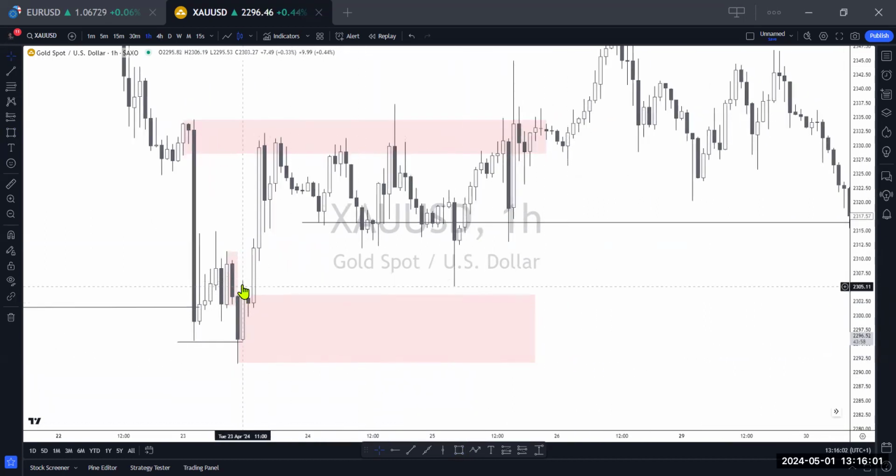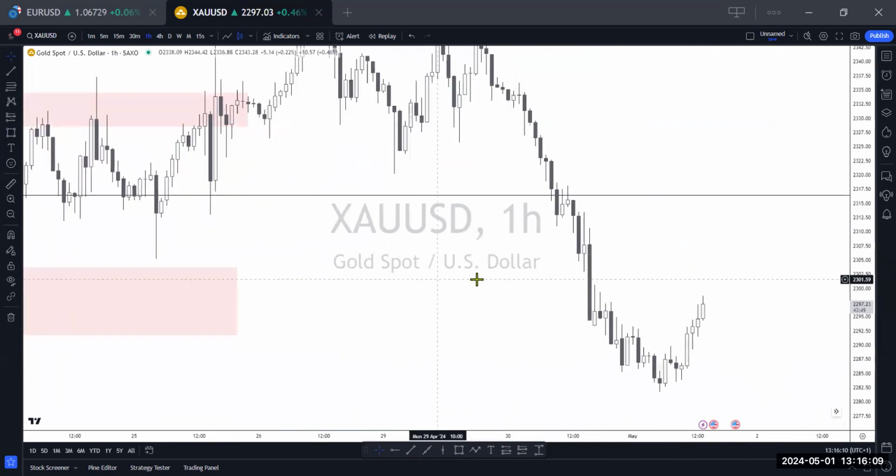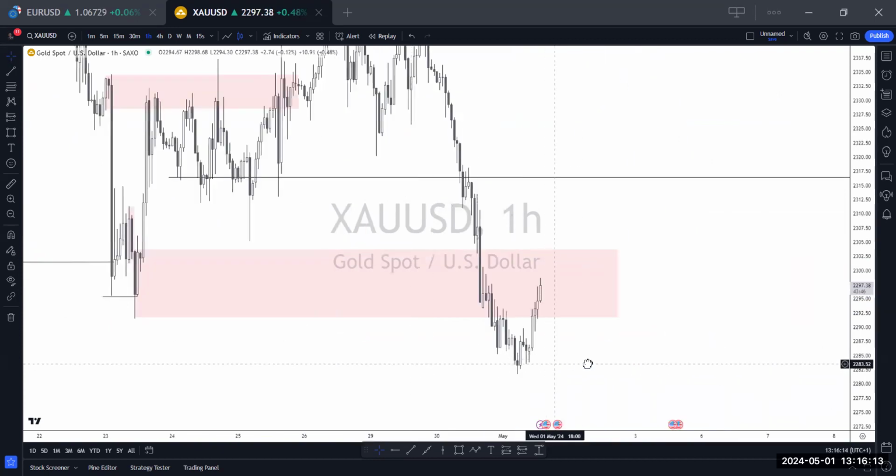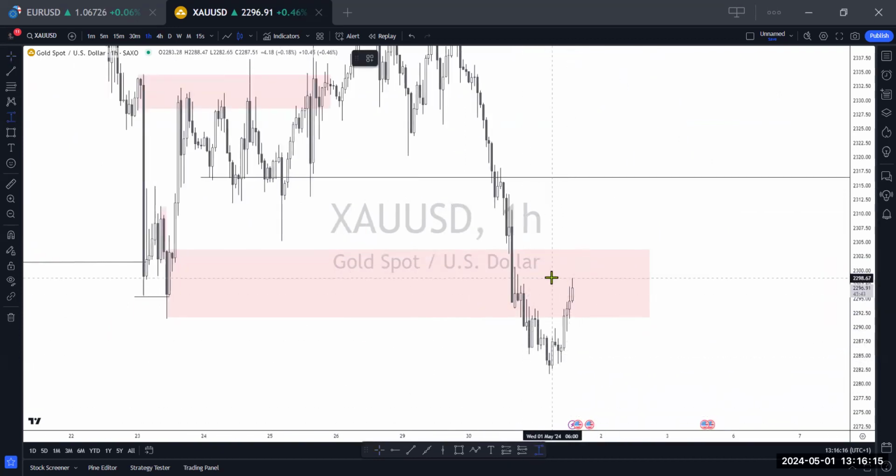I would have considered this area, because that's where price tapped. But when you extend to the other side, you're going to see that we are likely going to even get a minor sell anywhere around here, because this is a control engulfing. If we don't sell from here, we'd likely sell from this area.